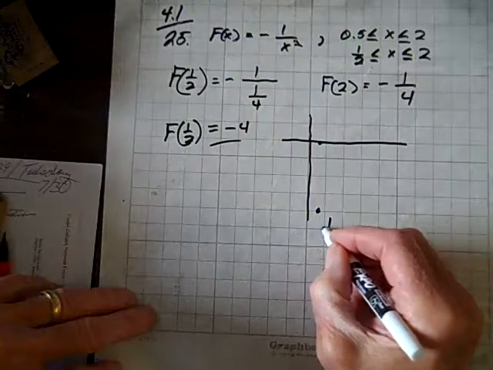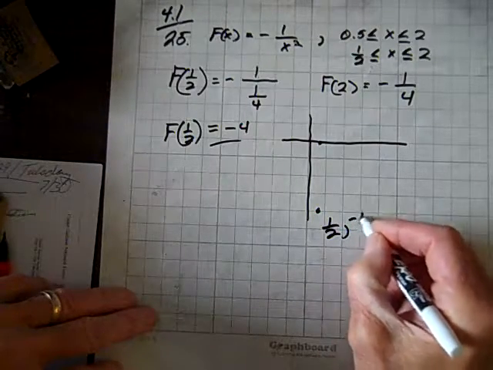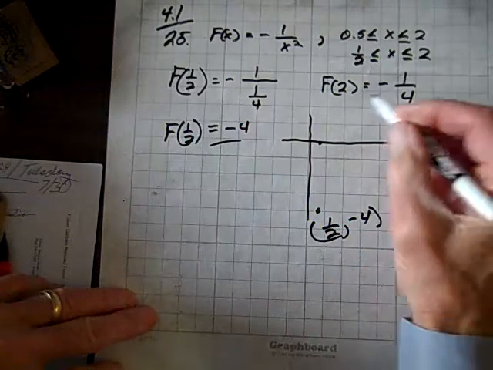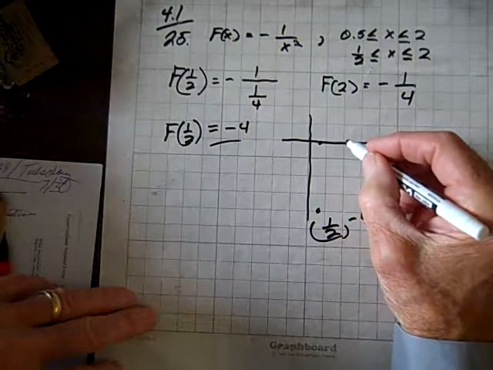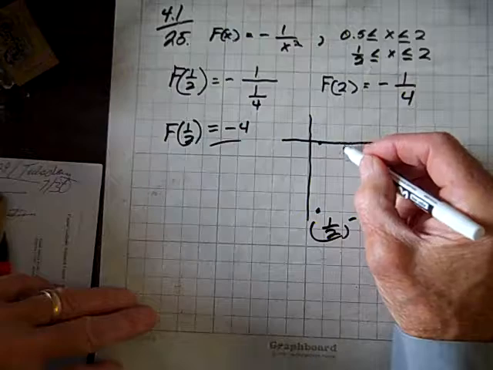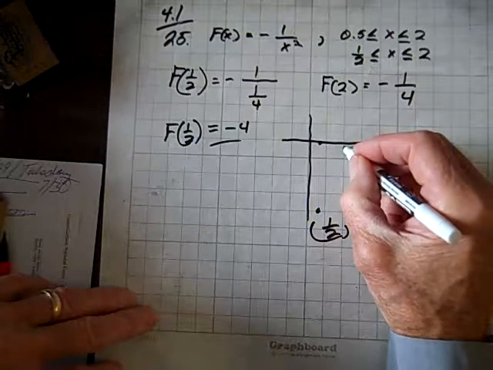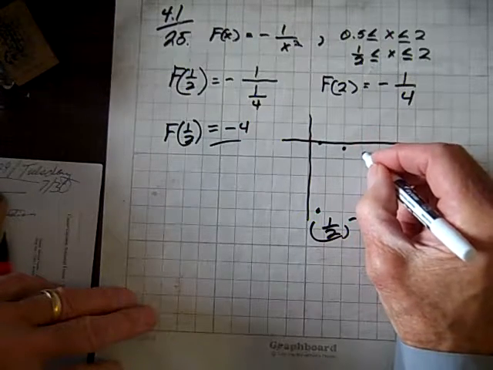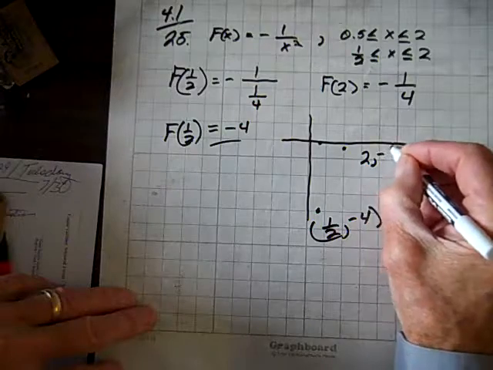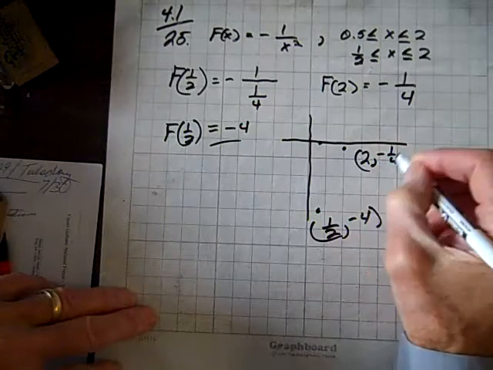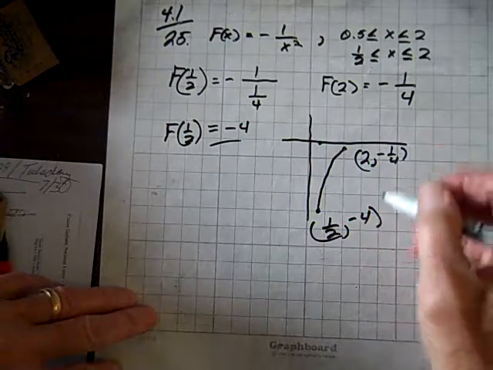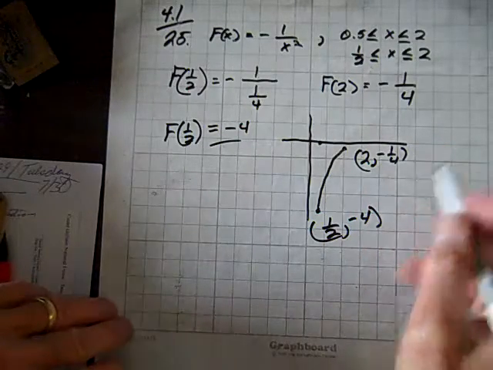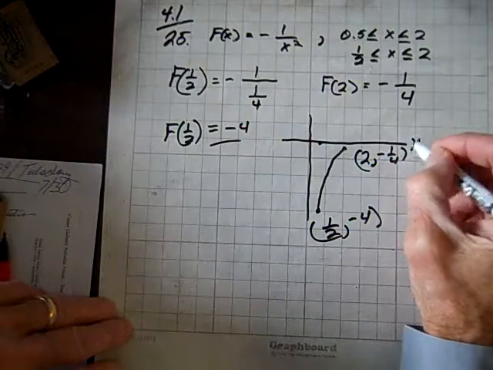So 1/2, negative 4, and now we'll go to f of 2, and we get negative 1/4. So that's going to be 2, negative 1/4. And now this is a curve and looks like that. So there's our ordered pairs, there's the graph.